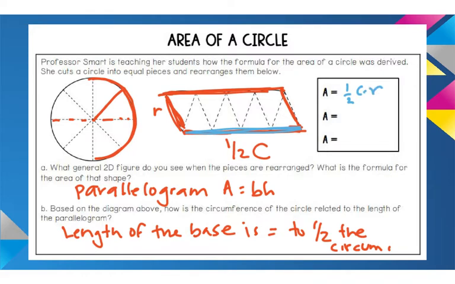We could do 1/2 times 2 times pi times radius times the radius, which to me seems a little bit overwhelming. Or we could just simplify it all down to pi r squared. And that's what we're going to do. We're going to be using that formula, plugging in the information that we have in order to find the surface area of a circle. Okay?